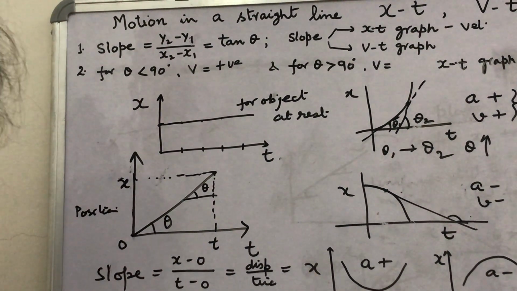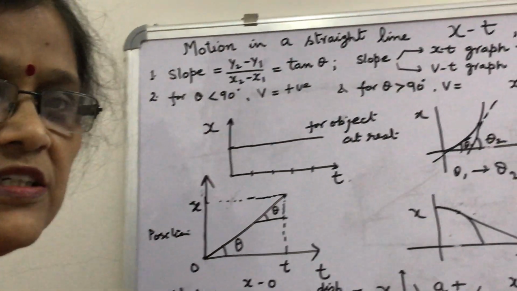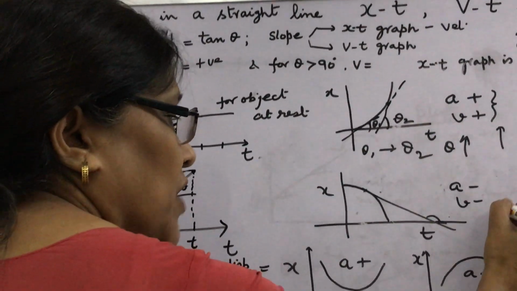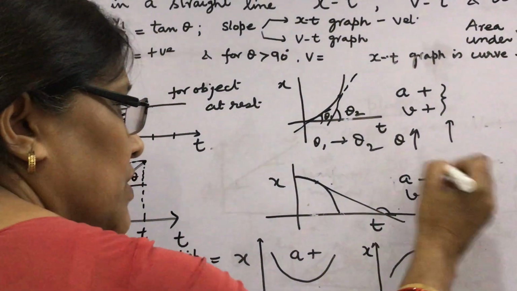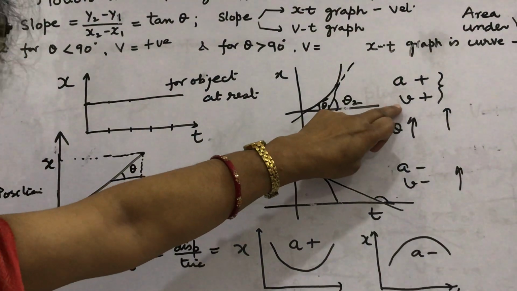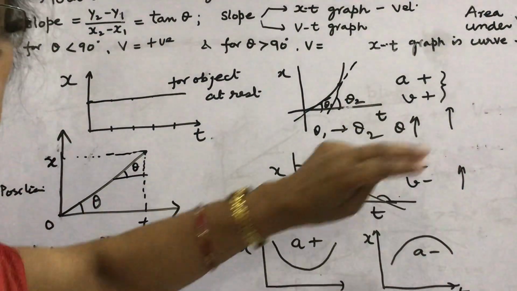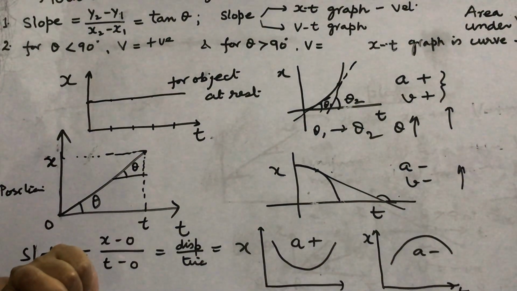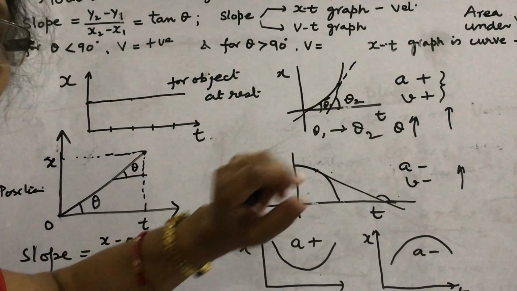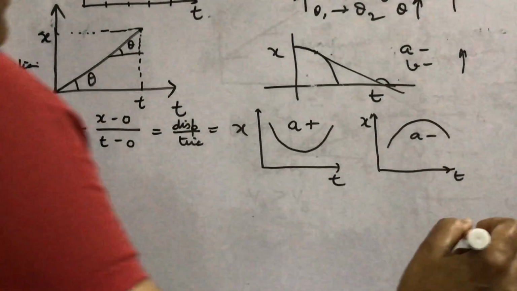Here also the speed is increasing but in the negative direction. So I want to say that whenever acceleration and velocity have similar sign, there is an increase in speed. What about when they are dissimilar? Let us take one example. Suppose here in this graph.